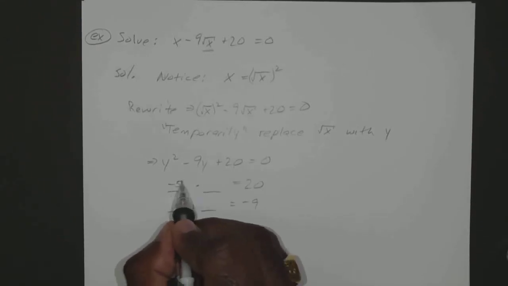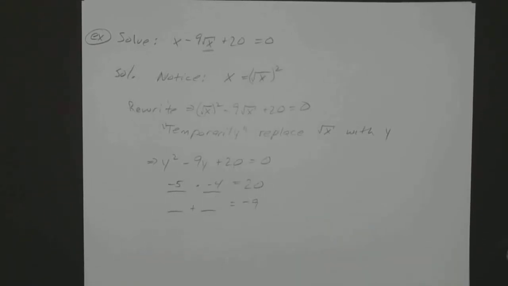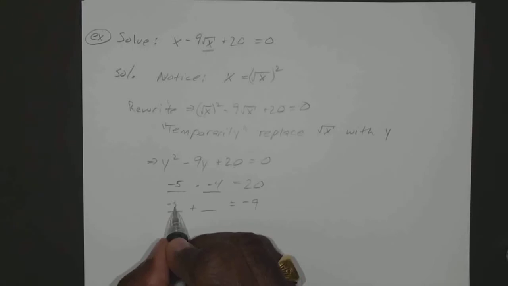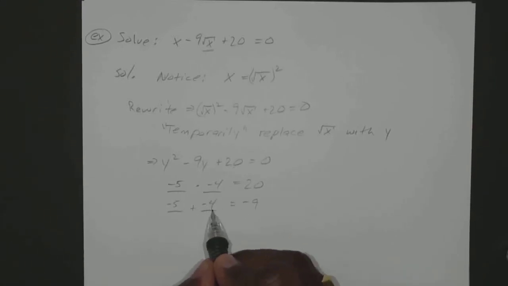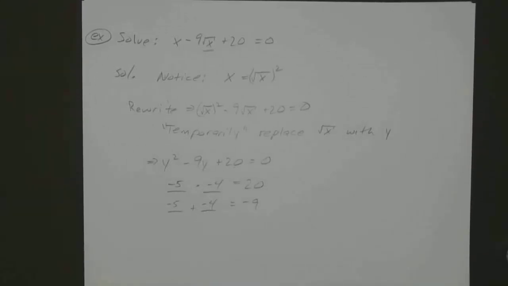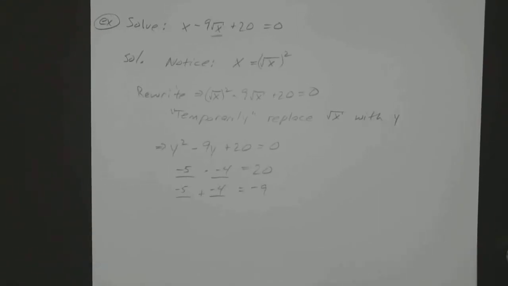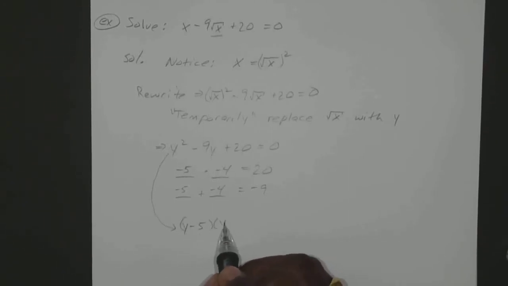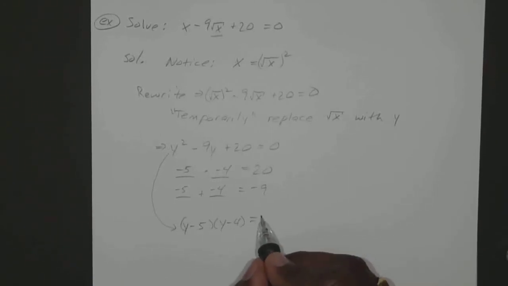Negative 5 times negative 4 is positive 20, and negative 5 plus negative 4 is negative 9. So this gets replaced with y minus 5 times y minus 4 equals 0.